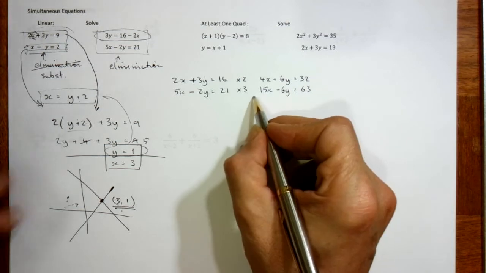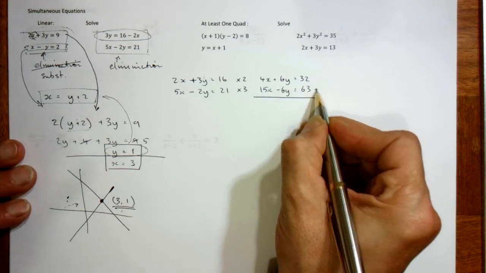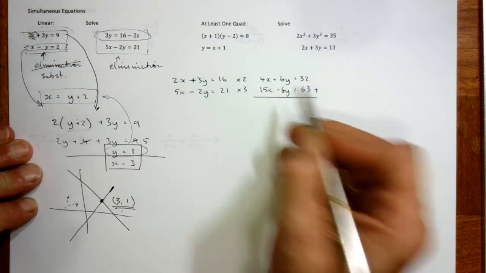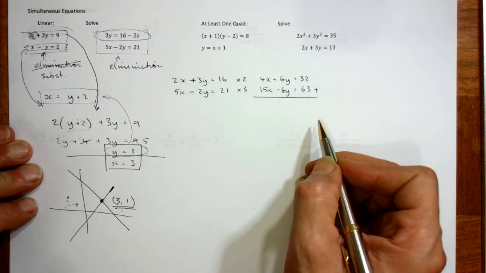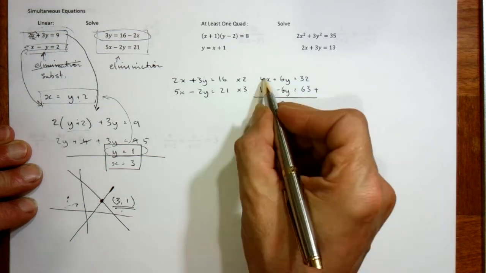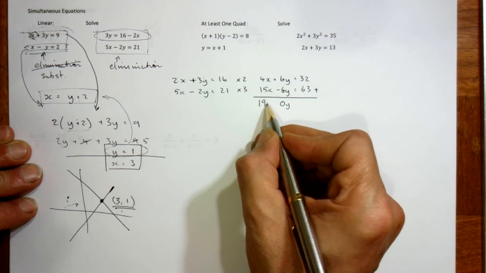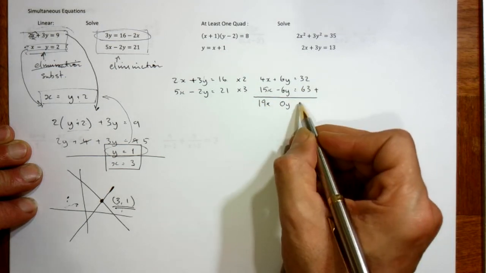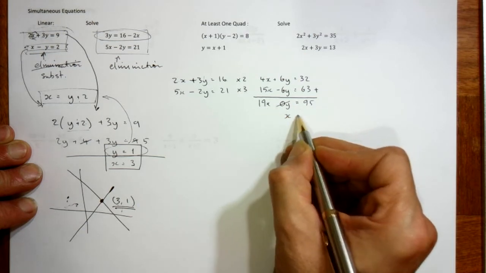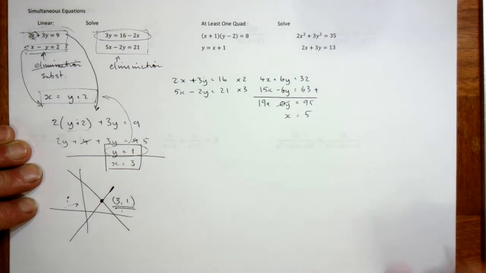Right, if I then add those equations together, the plus 6y and the minus 6y are going to go away. 4x and 15x becomes 19x, and 63 and 32 become 95. So 19x equals 95. I've solved it for the value of x. I've got x is 5.